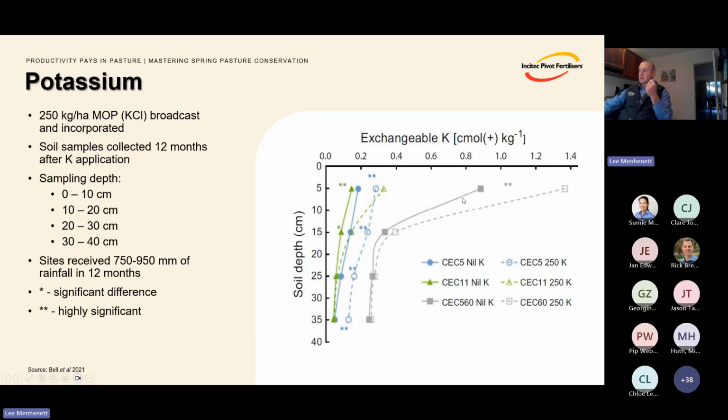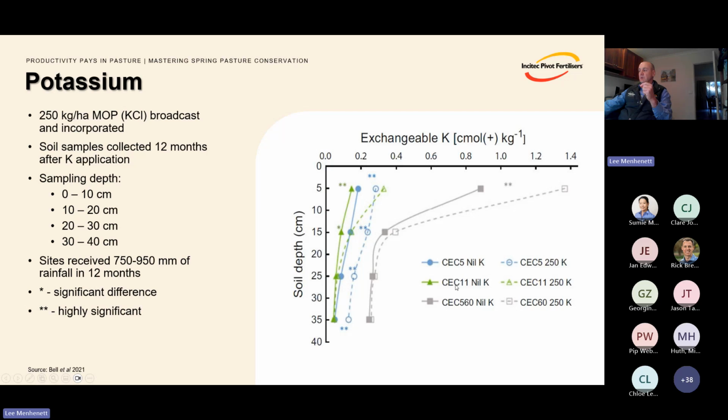What it shows is that when you've got these heavier soils and put on potassium at those rates, you're getting a large lift in the surface level of potassium, but it's not going down the profile at all. Whereas when you're putting it on a lighter soil, the blue one, you're getting that influence of potassium much deeper down in the profile. So it is moving deeper into the profile over that period of time when you're either irrigating or you're in a high rainfall zone.